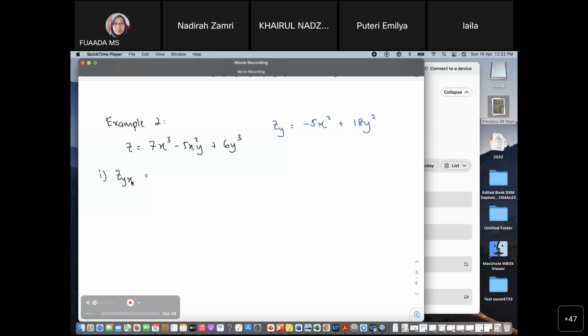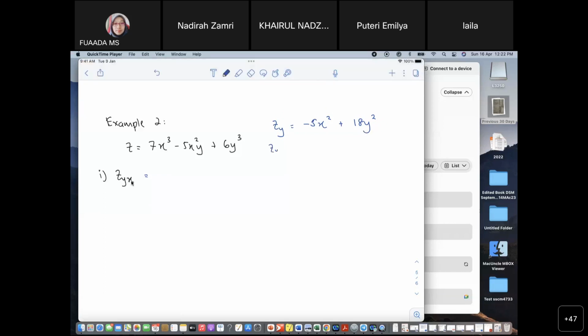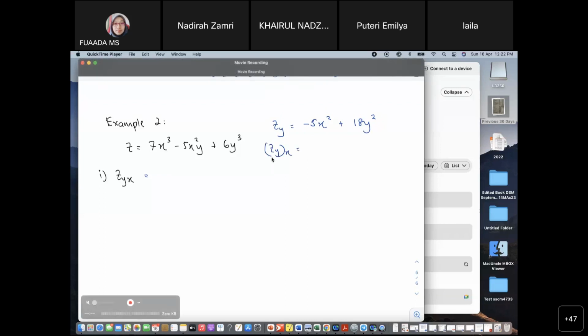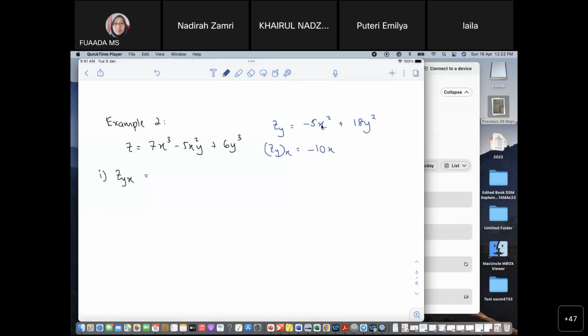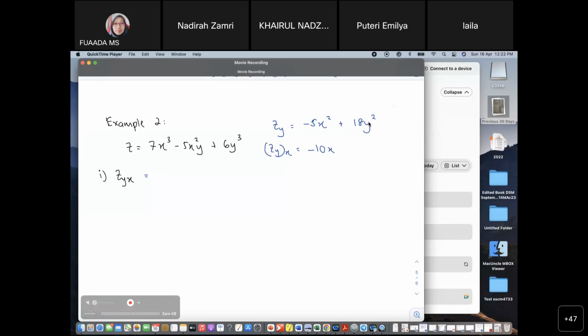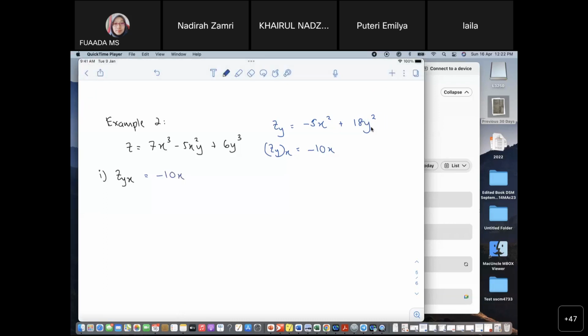So now zy differentiated with respect to x. Look at the first term, you get negative 10x. The second term has only y, and since you differentiate with respect to x, y is constant, so it is 0. So the answer is 10x. Understood? Okay?